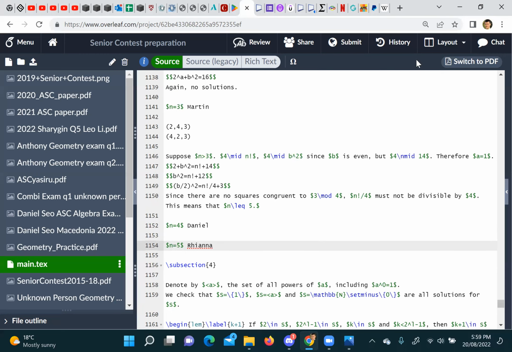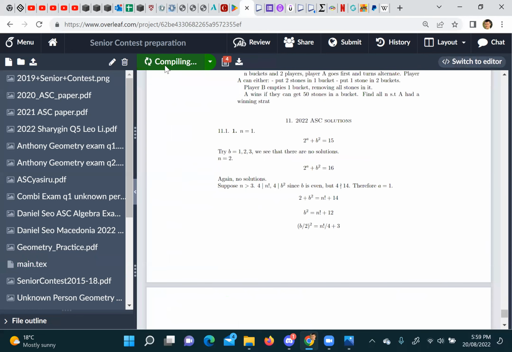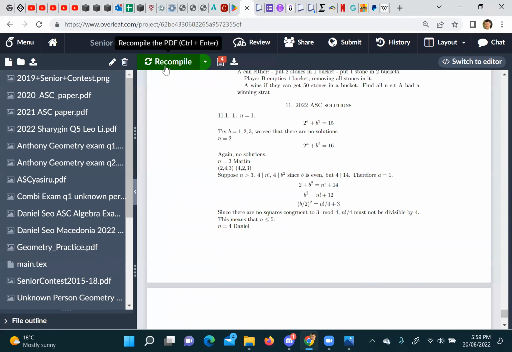Wait, so what are we trying to prove? Trying to find all the possible a, b, and n's. But n is 3, so you just have to find all the possible a, b's that make the equation work.